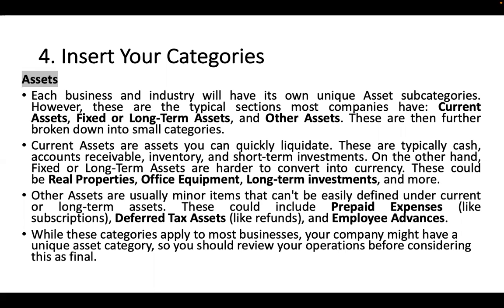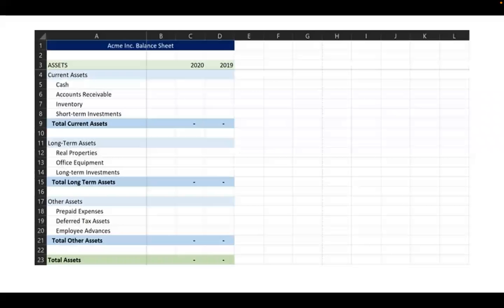Okay, these are then further broken down into small categories. फिर इनके भी these subcategories are also further broken into small categories. Like I told you, current assets are cash, accounts receivable, inventory, short-term investment.